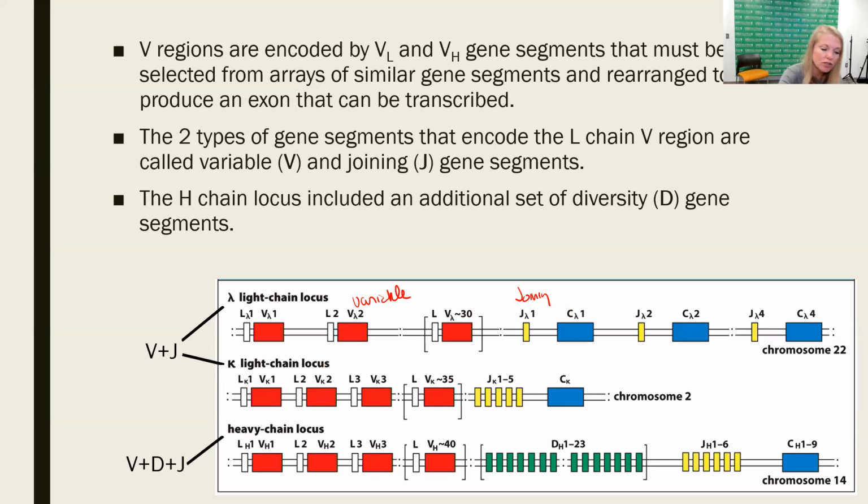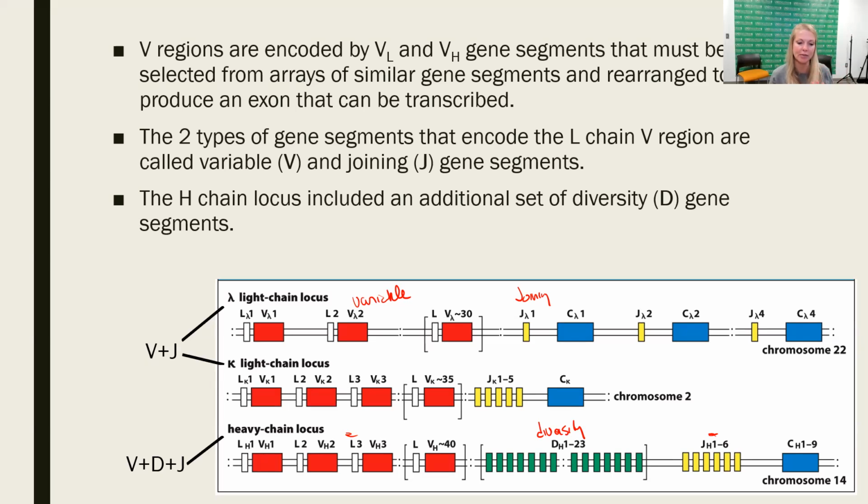Now, the heavy chain also has the variable in red, also has the joining in yellow, but it has an additional segment called the diversity. And so that variable region consists of 3 different segments that get put together to create the variable region. And then these constant regions come in later. Okay, let's look at how that happens.